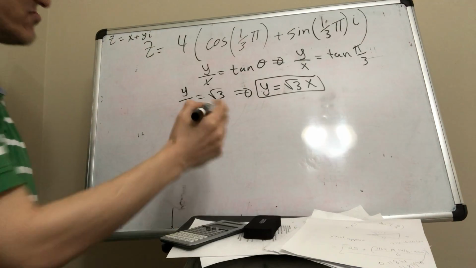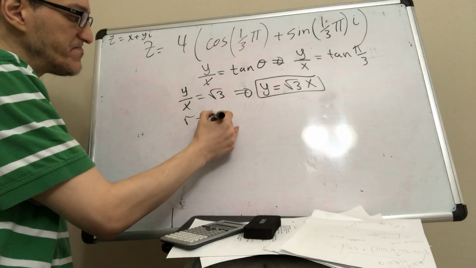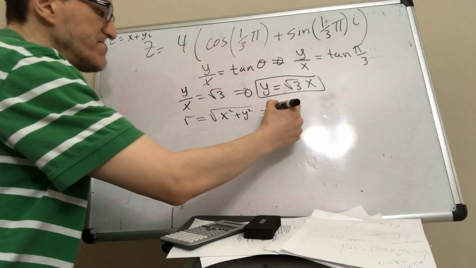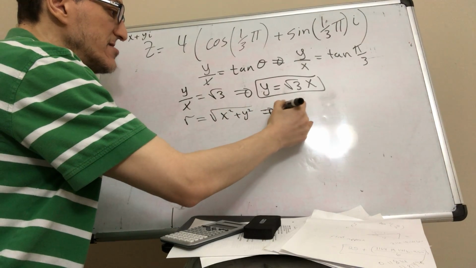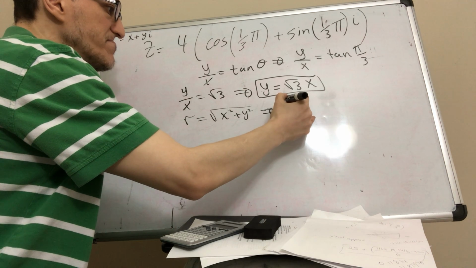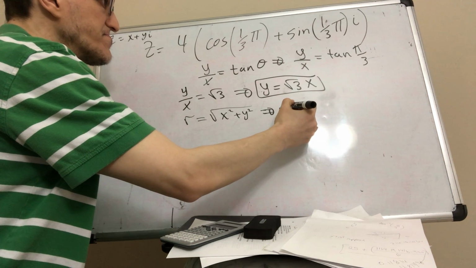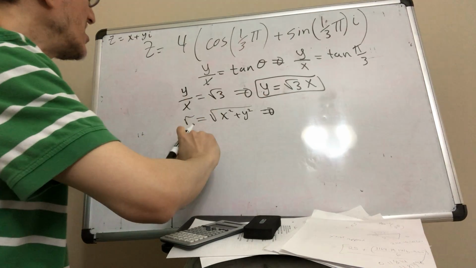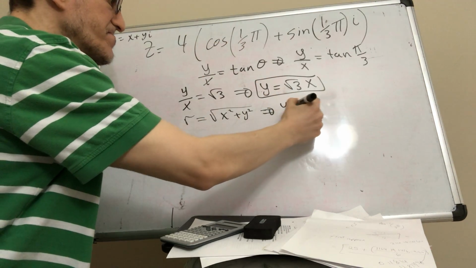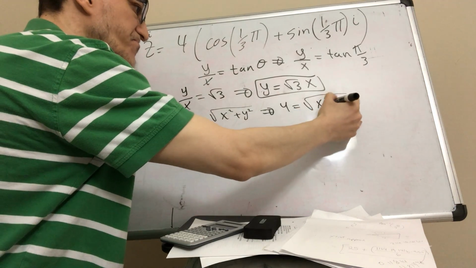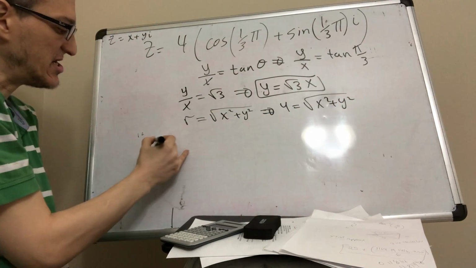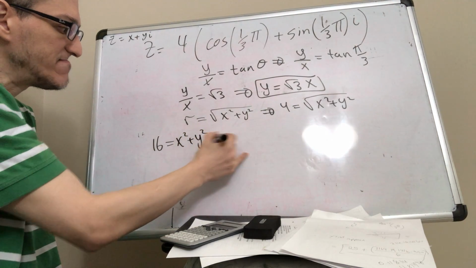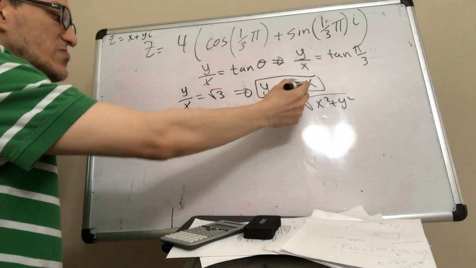Now we look at the magnitude. r is the square root of real squared plus imaginary squared. You're given r as 4. You square both sides, so you have 16 equals x squared plus y squared. Instead of y, you use this.